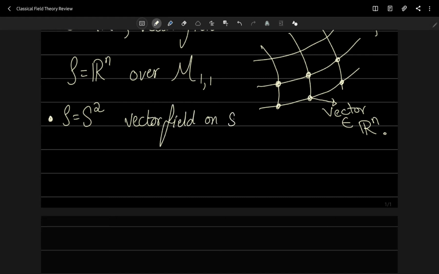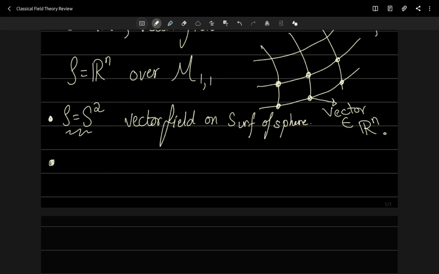Let me give you some examples of this: quantum magnets, or the sigma model.